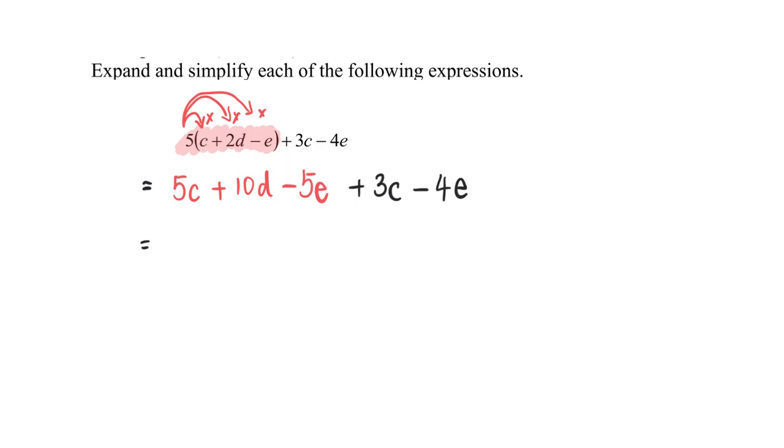After which, please simplify the like terms. So I would see the 5c and 3c together, they made positive 8c. 10d is by itself.